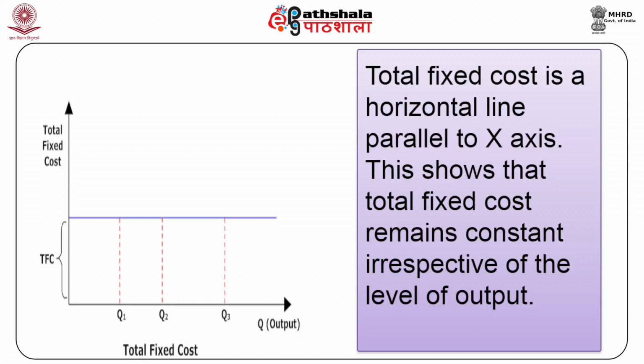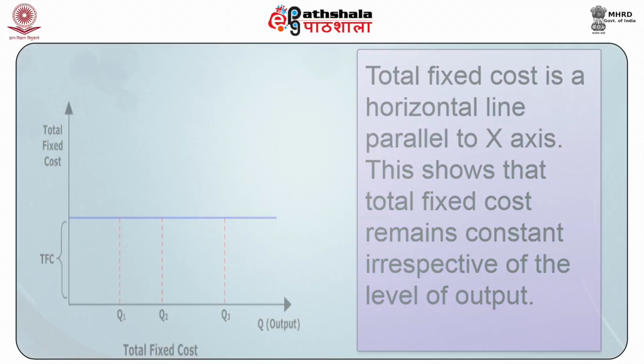Of course, no producer would go to either extreme, neither 0 nor infinity. In the relevant range, we can say that when the output is Q1, Q2 and Q3, the total fixed cost will be given by the height of this blue line, which is the total fixed cost curve.